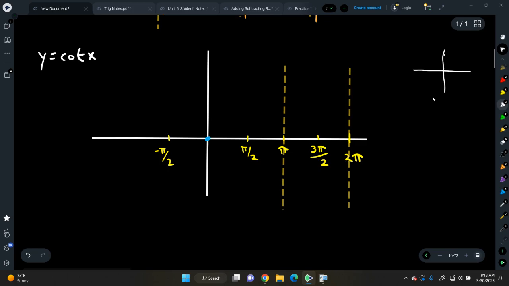Okay, so cotangent is going to go like this. Okay, it's going the other direction, like that.